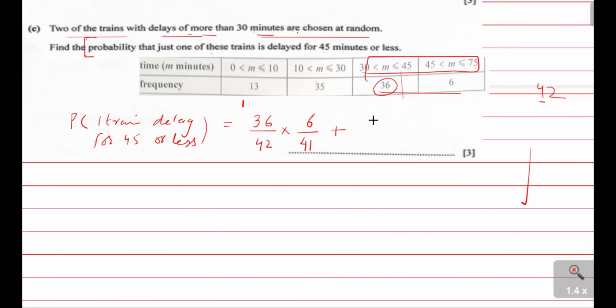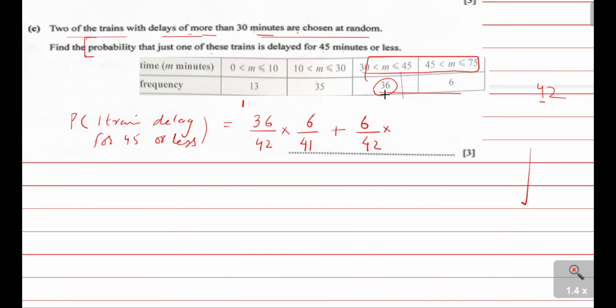Plus the other case. In this case, firstly, we take the train delayed for more than 45 minutes. And here it is 6 trains out of 42. And the next train, we have to select a train delayed for 45 minutes or less.